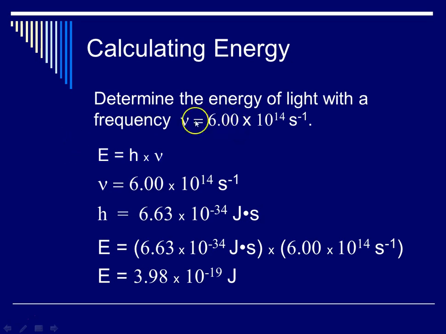And since we're just talking about a particle of light, it should not be surprising that we're talking about a very small number, in this case roughly 10 to the minus 19th joules. So I like to point out that for the calculations that we're doing, our wavelengths for visible light are going to be around 10 to the minus 7th meters. Our frequencies are going to be about 10 to the 14th inverse seconds, and our energies should be about 10 to the minus 19th joules.